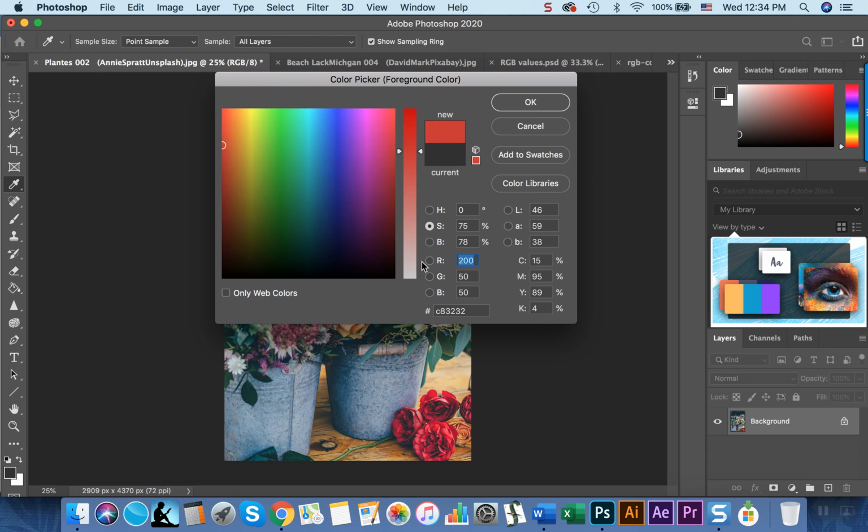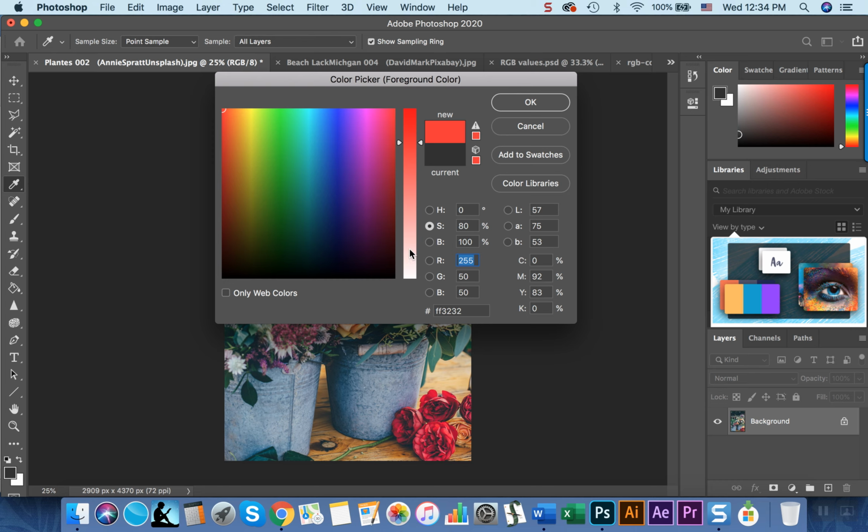And then my last value, I cannot go higher than that. I can take the red all the way to 255. So if I take the red to 255, 50, and 50, now we have a much, much stronger red. This is the 50, 50, 50 that we started with. This is now 255, 50, and 50. And you can see the saturation is set to 80%. It's a lot higher because we took the red all the way to the maximum.